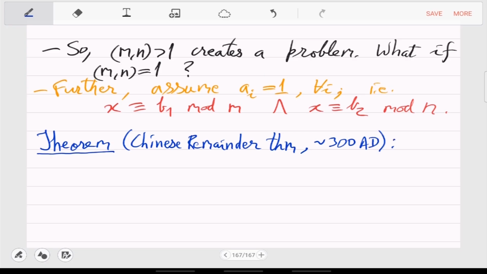So it's an old theorem. What it says is that this x, a unique x, exists.